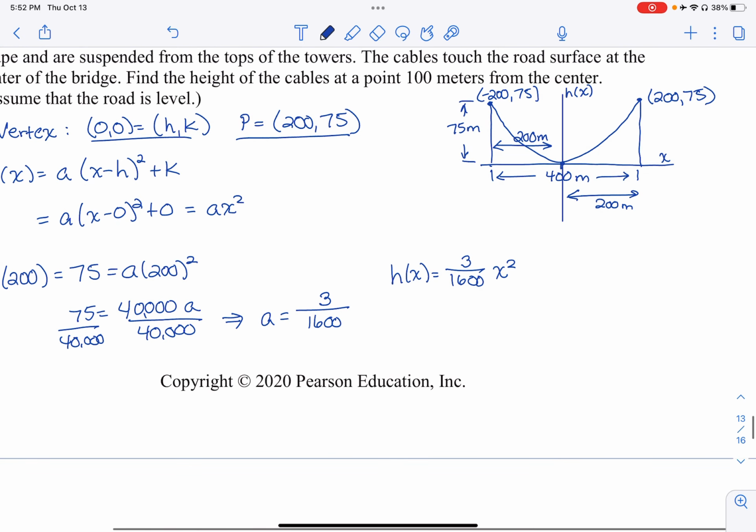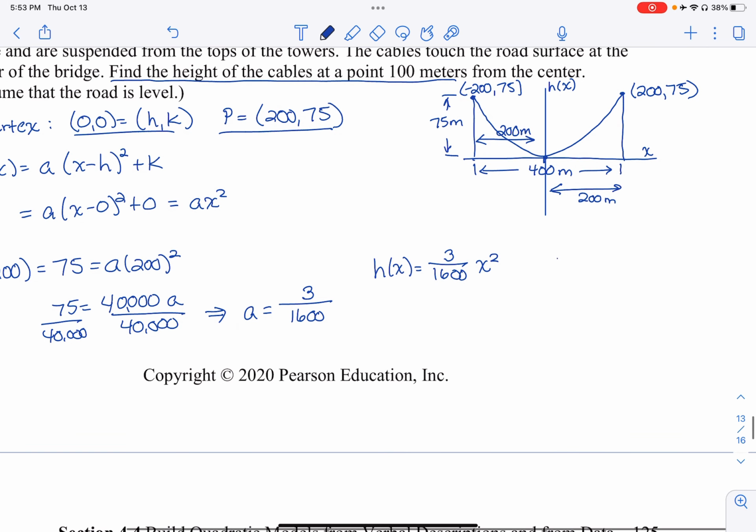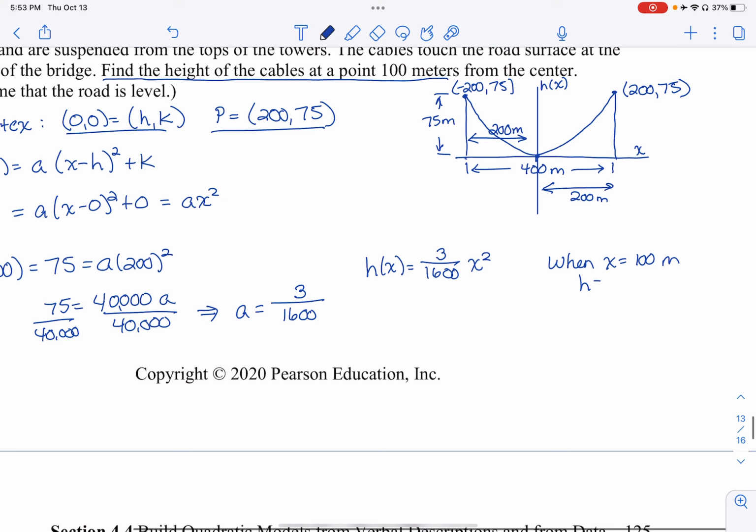Right, so I have an expression now. What I want to find is the height of the cables at a point 100 meters from the center. So I want to know when x equals 100 meters, h of x equals what? Here, we're just going to substitute in.